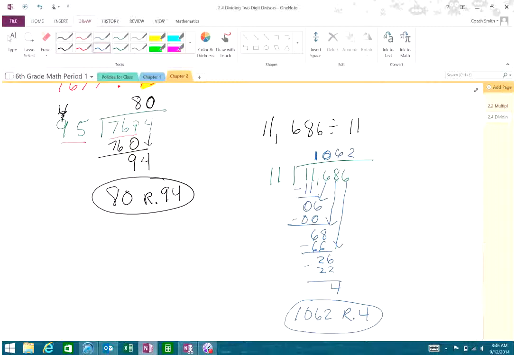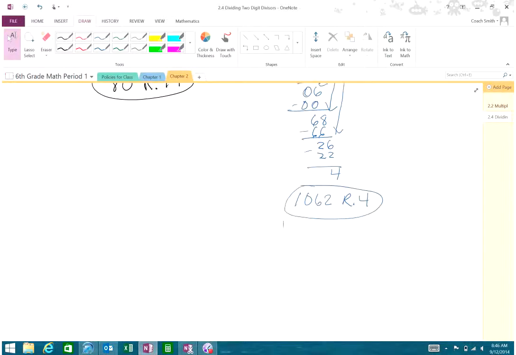Let's look at number 28. The directions say basically find the quotient by using mental math. Well, they give you 12 into 600. What they mean by using mental math is basically you should be able to do this one in your head.